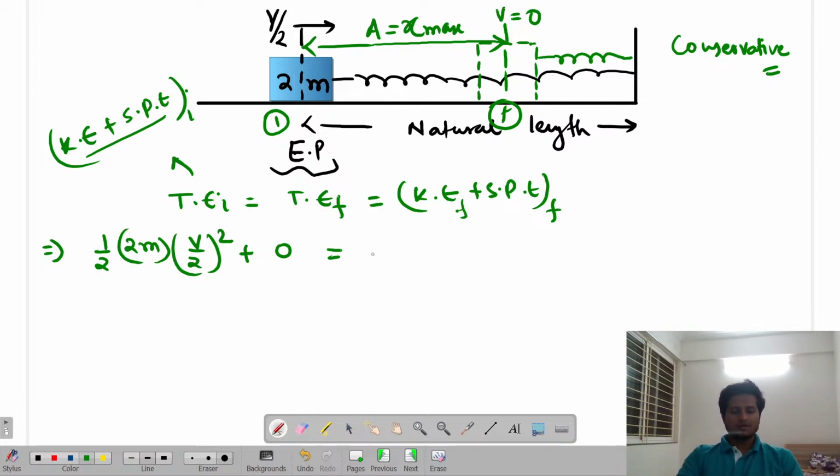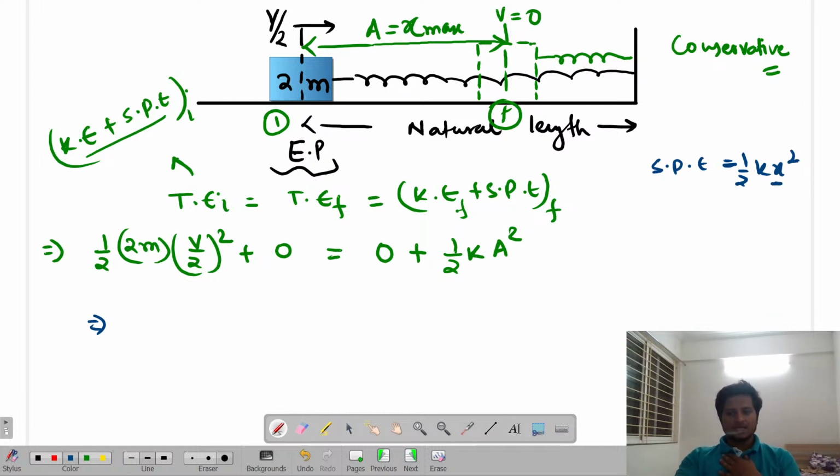Now, what is my final kinetic energy? It's zero. What is my spring potential energy final? Half k x square, where x max is equal to amplitude, so half k A square. What is spring potential energy? Half kx square. For the case of maximum compression, x is the displacement from the equilibrium point.